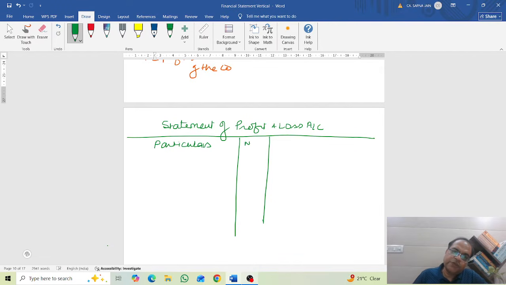Second column is note number. Now for the company, you have to mention 2-year figures, 2-year data: current year amount as well as previous year amount.